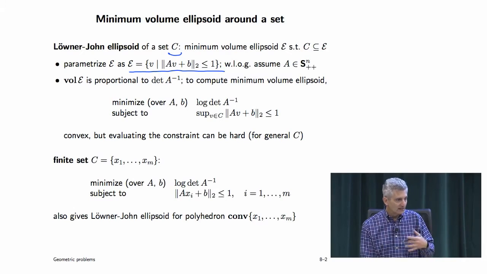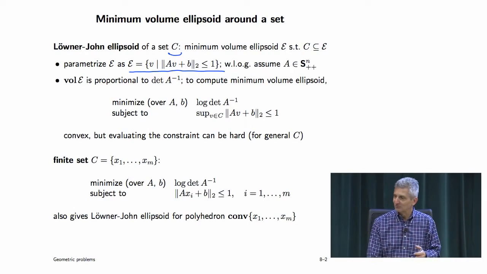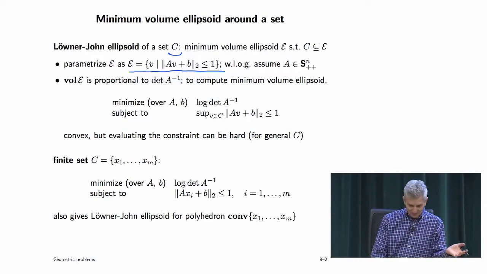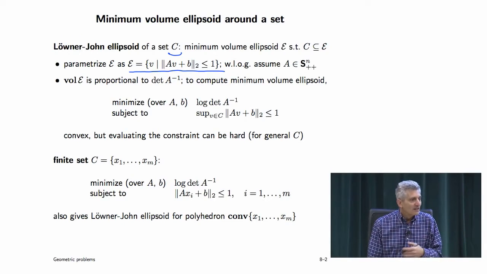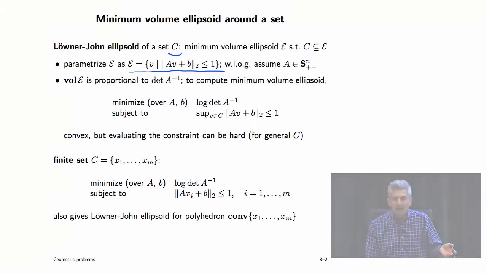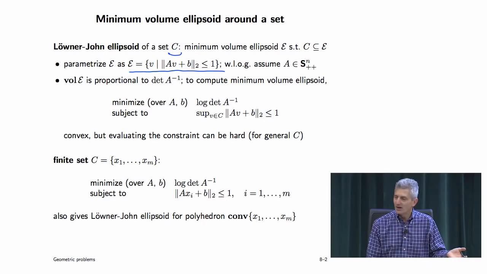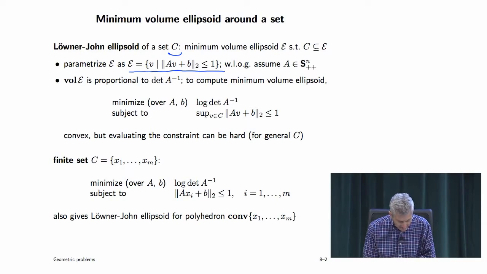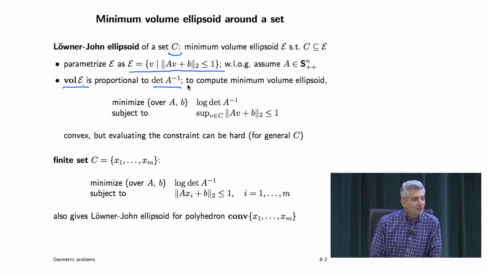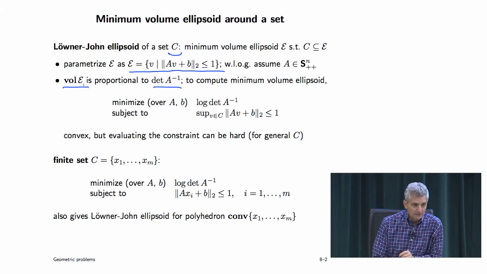And the way you do that, I'll just talk through it because we're far enough along that we can go faster. You just take the singular value decomposition of A. So you have U sigma V transpose, and you multiply on the left by V U transpose. That's an orthogonal matrix, and it converts it to symmetric positive definite. Okay? So that's the idea. Now, the volume of this ellipsoid is proportional to the determinant of A inverse. In fact, the constant of proportionality is exactly the volume of the unit ball in Rn, right?